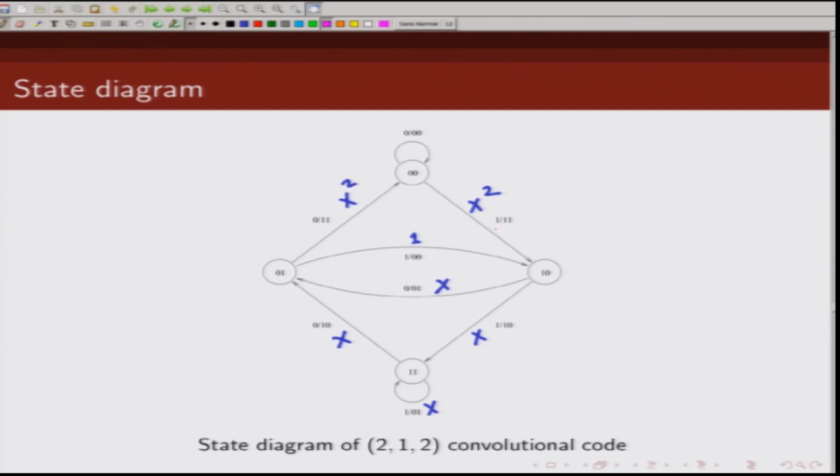Here the input is 1, so this will be y. What is the weight of the information sequence? That is 1. So, it will be y. This is weight of information sequence 0, so y^0 is 1. So, wherever you had 1 here, you are adding basically y. And similarly at each of these transitions there will be a z added to denote the length.